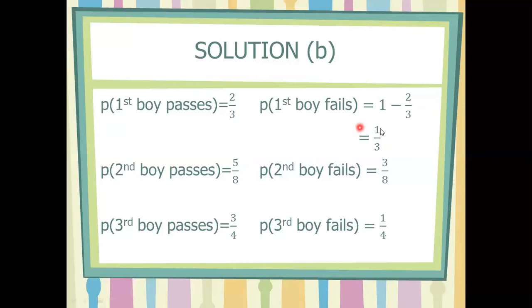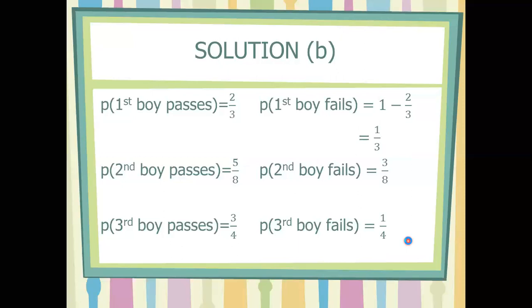Now the second boy passing, we have 5 over 8. His failing will become 8 minus 5. That will be 3 over 8. The third boy passing, that's 3 over 4. Then his failing will be 4 minus 3. That's 1 over 4. So that gives me the probability of each of the boys failing.